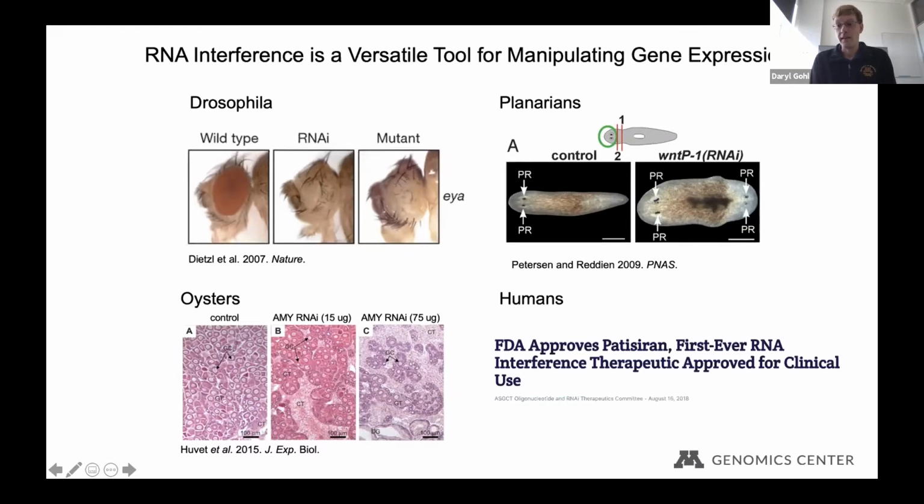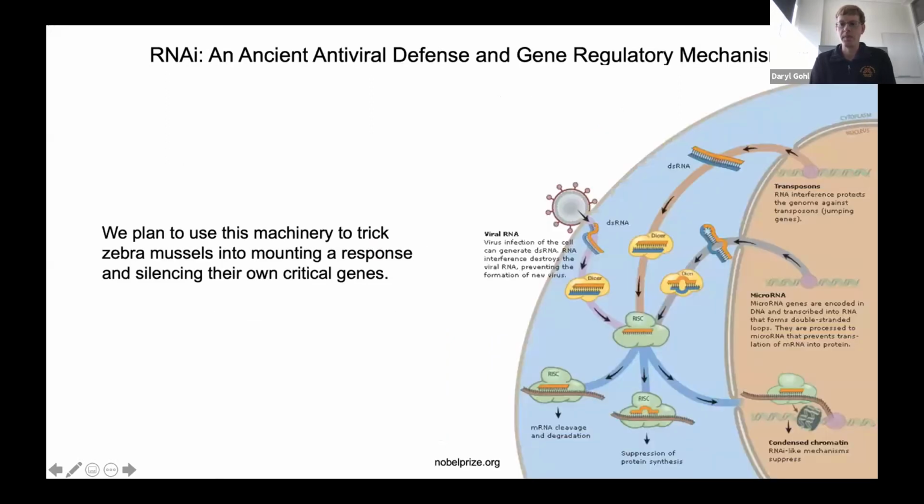And it's even been used in humans. Just a couple of years ago, the FDA announced the approval of the first RNA interference-based therapy in humans. So this is a technique that has potential for very broad application, including bivalves, and we felt that it would be a good way of potentially manipulating gene expression in zebra mussels.